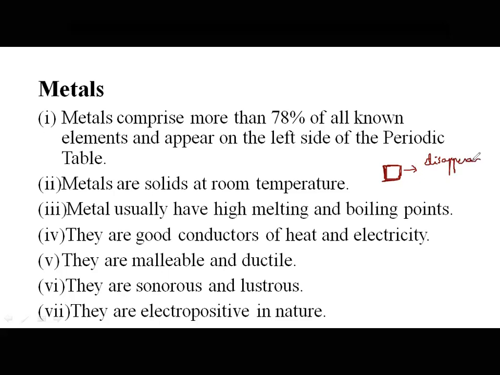The reason is, as soon as you expose the metal to the atmosphere, it reacts with oxygen and forms a layer of oxide which covers the metal. Therefore, the shiny surface disappears. If you scrape out that layer, or use any method to remove the oxide, it again has a shiny surface. So we say metals are sonorous and lustrous.